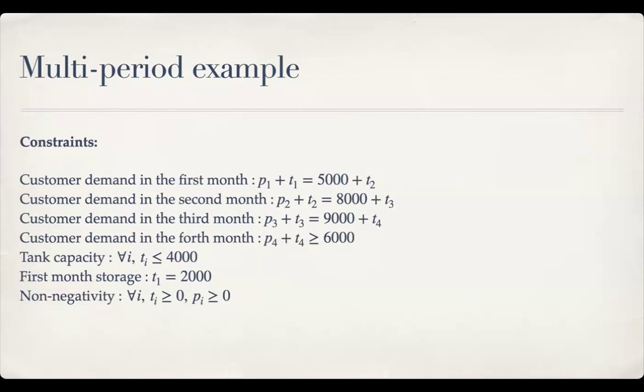This amount equals 5,000 because we are going to deliver 5,000 liters of oil to our customer. The rest we are going to keep in the storage tank, so it should be T2.